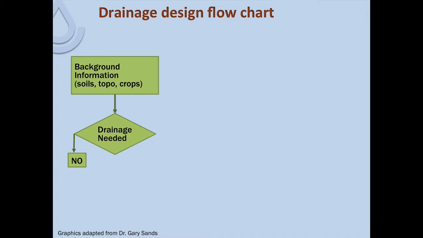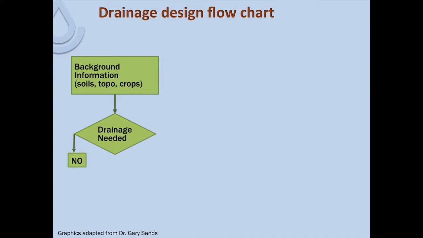As we look at the steps that go into drainage design, this is one way to visualize it in the context of a flow chart. We start with the first step, which is collecting background information that's going to go into that design: information on soils, topography, crops that we're going to grow, climate, things like that. And then the next step is to look at, is drainage in fact needed?